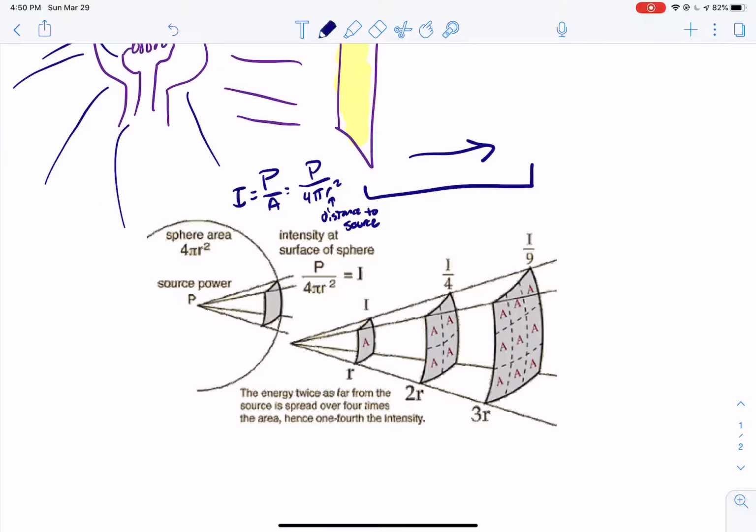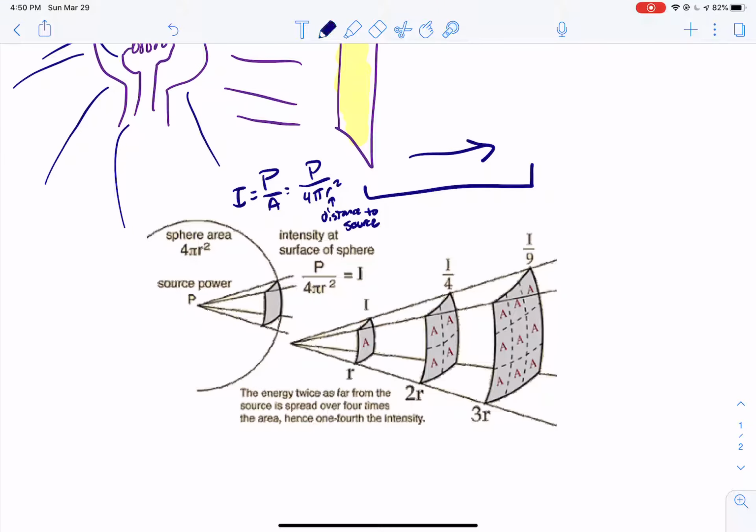Now, in topic 4.3, they use a slightly different version of this equation. What they do is they say that intensity is proportional to x to the negative 2, where x in this case means the same thing as distance to the source.